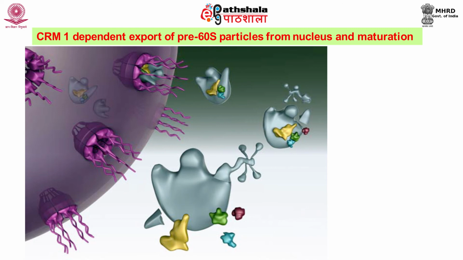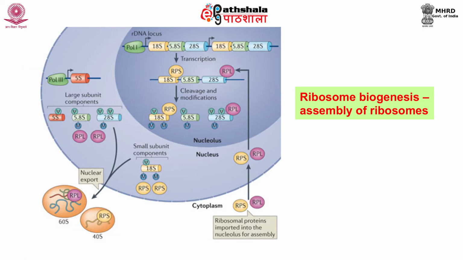Nuclear export of pre-40S particles is also dependent on CRM1. An essential step in ribosome biogenesis is the assembly of 28S, 18S, 5.8S rRNAs with 5S rRNA and with ribosomal proteins.